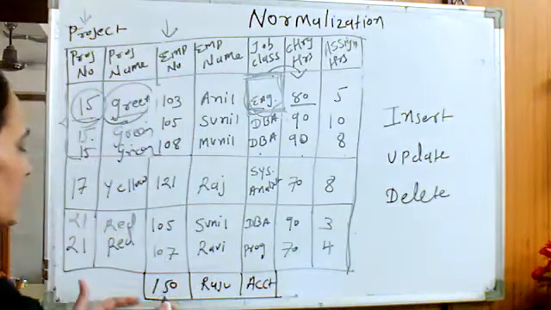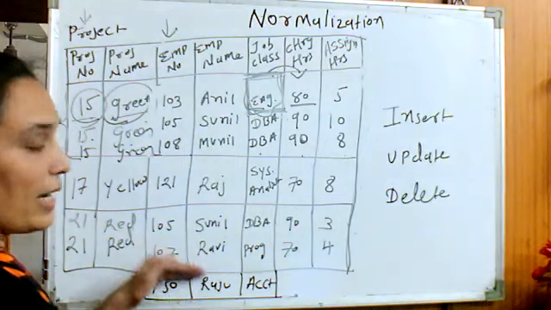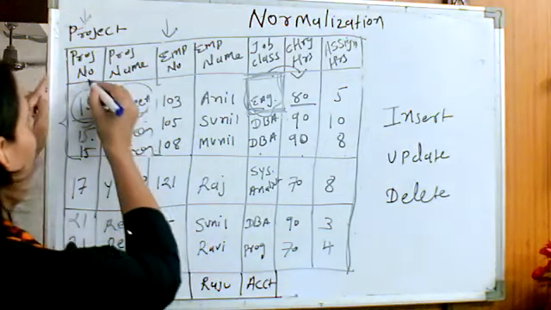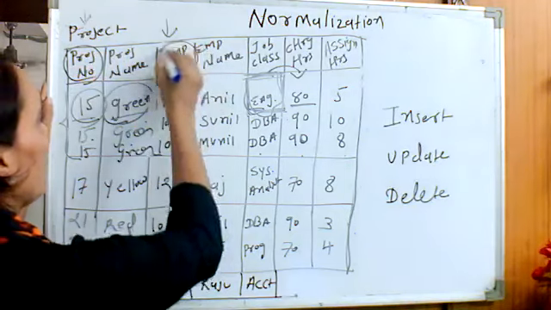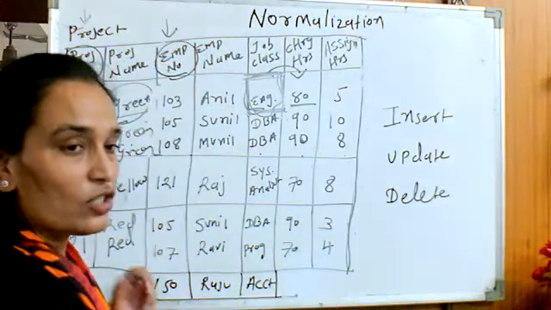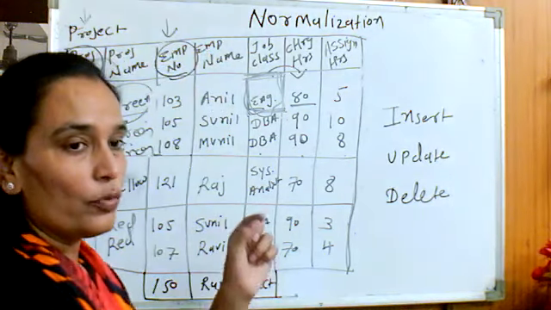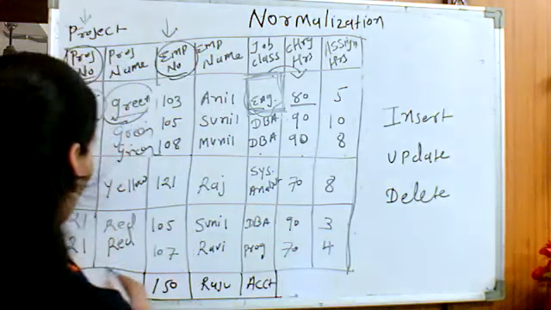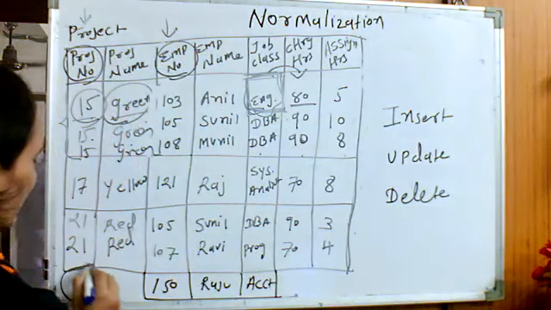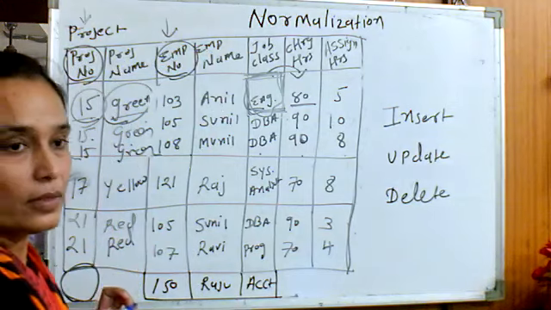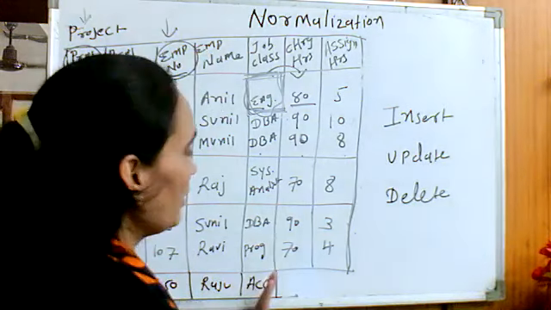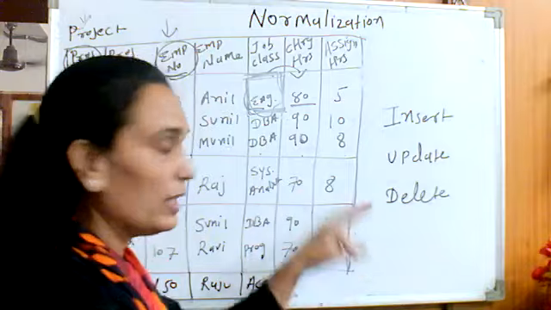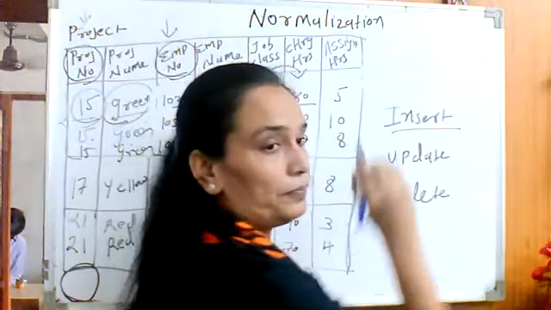Because in this example we have created the primary key, which is project number and employee number. As we know, primary key cannot be null. So this column cannot be null. So we cannot add this data into this table. So it is an insertion problem.